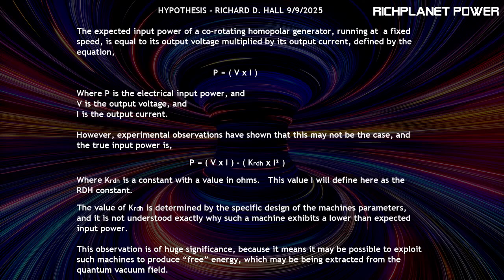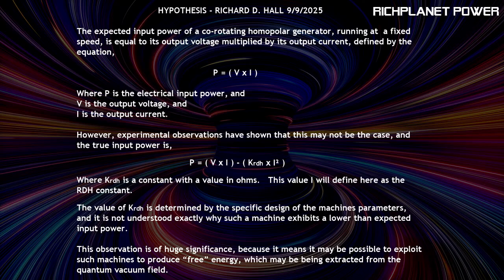The expected input power of a co-rotating homopolar generator running at fixed speed is equal to its output voltage multiplied by its output current, defined by the equation P equals V times I, where P is the electrical input power, V is the output voltage, and I is the output current. However, experimental observations have shown that this may not be the case, and the true power is P equals V times I minus K, which is a constant, times I squared.